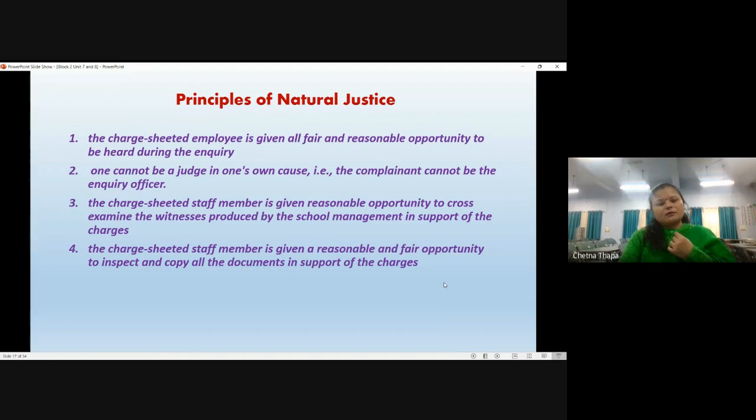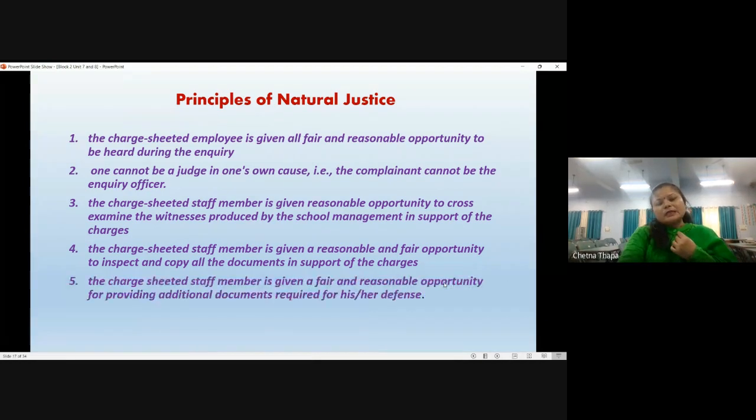If there are certain charges, you need to submit certain documents in support of these charges. So the charge sheeted staff member has to be given a fair opportunity to inspect those documents. The charge sheeted staff member is also given a fair and reasonable opportunity to provide additional documents if it is required for his or her defense.